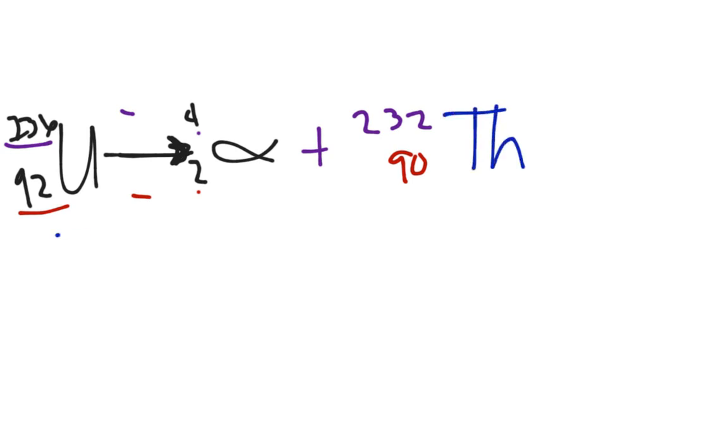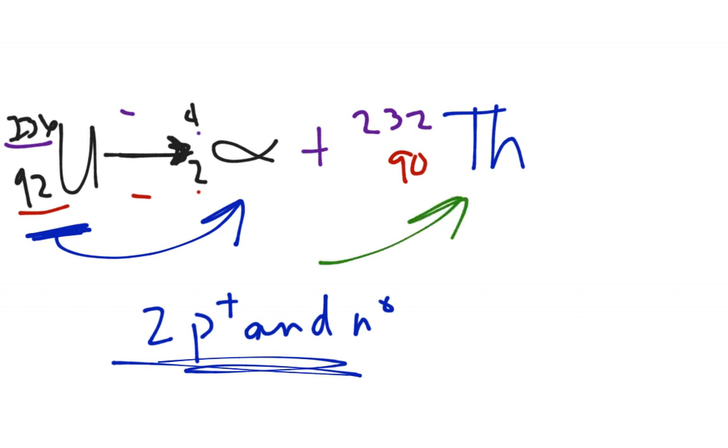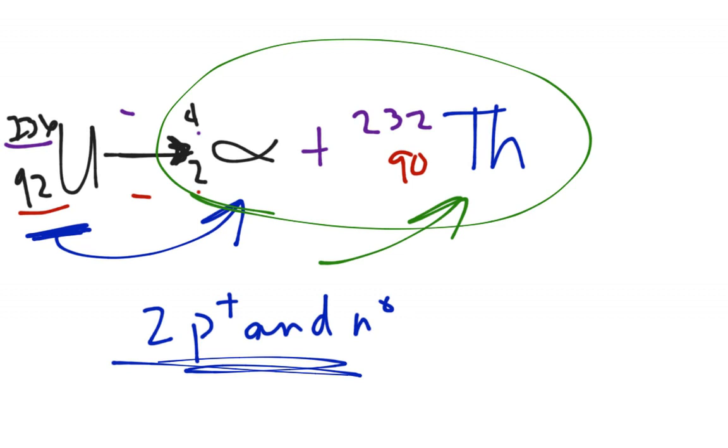So my uranium is going to undergo alpha decay. It's going to lose 2 protons and 2 neutrons, and because it lost 2 protons and 2 neutrons, it is going to become thorium. So I have 2 things that were a result of this radiation: my alpha radiation and a new thorium atom.